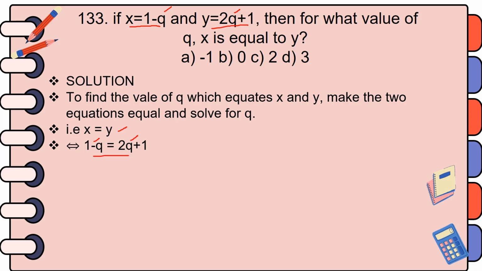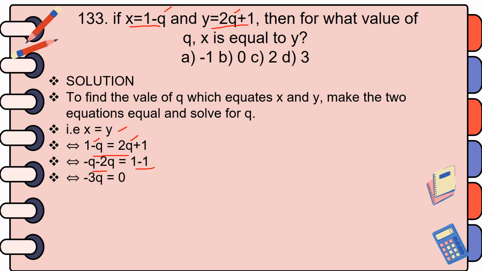Now collect like terms. That means shift 2q from the right side to the left side, and it becomes minus 2q. And again, shift 1 from the right side to the left side. So you have minus q minus 2q is equal to 1 minus 1. Minus q minus 2q means minus 3q, and 1 minus 1 is 0.